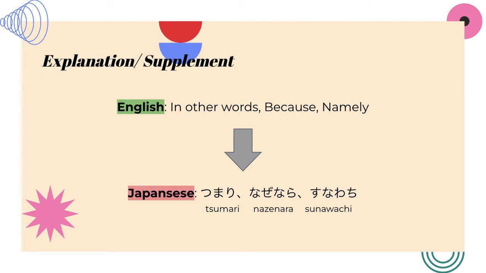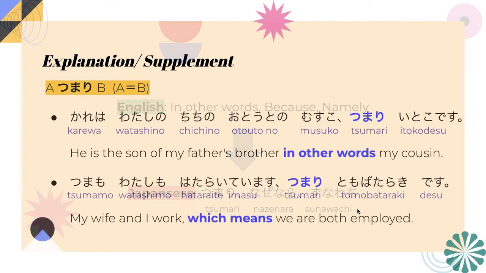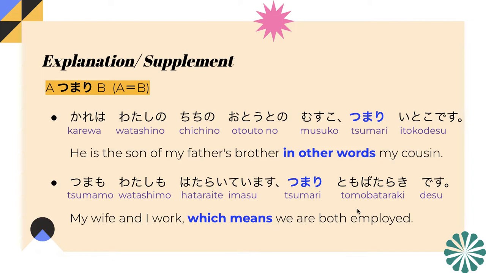The next one is explanation/supplement. In English, you would use in other words, because, namely. In Japanese, you would say つまり、なぜなら、すなわち。 Let's use つまり first.